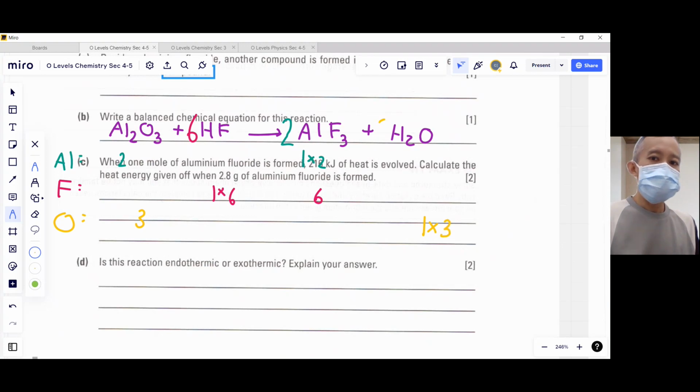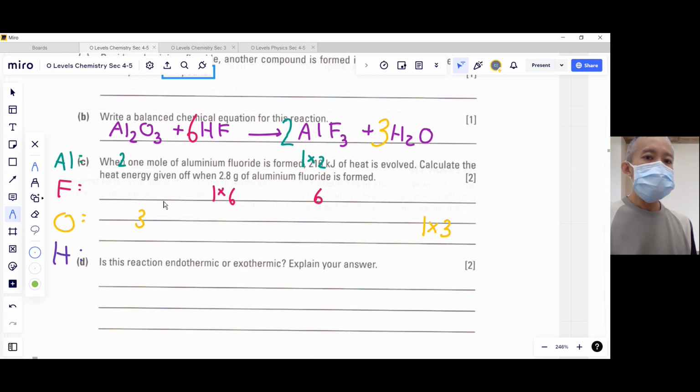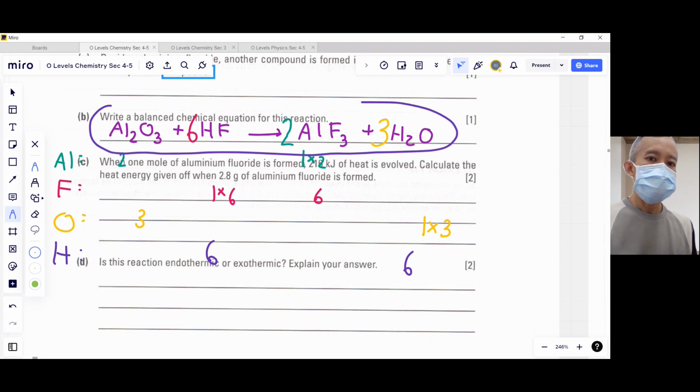So I put a big fat 3 here. And lastly, I check my hydrogen. I mean, normally that's what I do. Hydrogen, double check. How many on the left? 6. On the right? Yes, job done. Okay, that is my balanced equation.